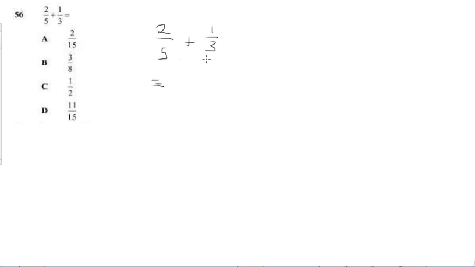So, are the denominators the same? No. If the denominators are not the same, what do we do? We multiply the denominators. So we have 5 times 3. Then multiply this denominator by that numerator. So we have 3 times 2. Then plus this denominator by that numerator gives us 5 times 1.